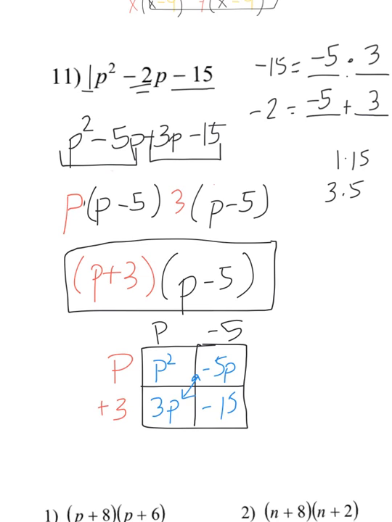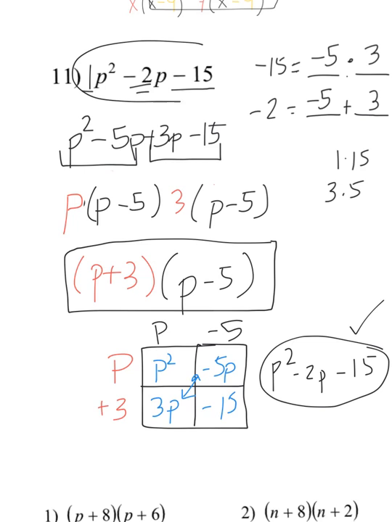Combine this diagonal because they're like terms, and we're left with p squared, negative 5 plus 3 is negative 2p, and minus 15. So this here does check because it's the same as what we started with up here. So this here is your correct answer.